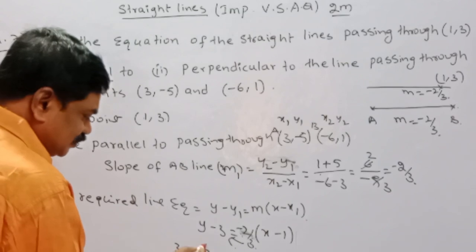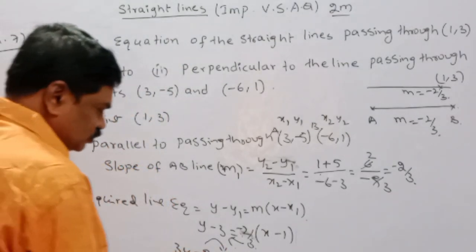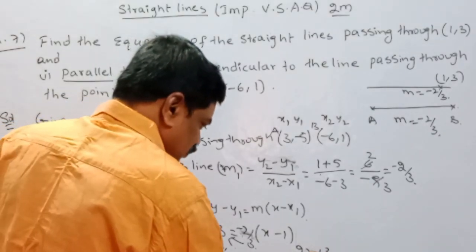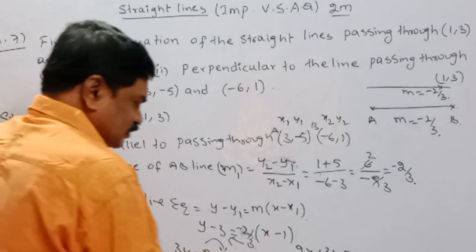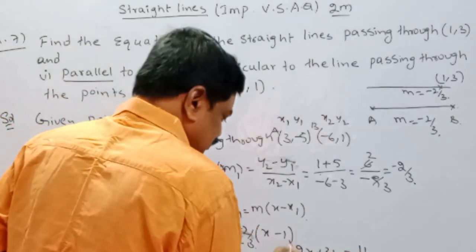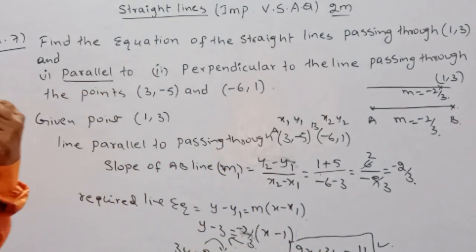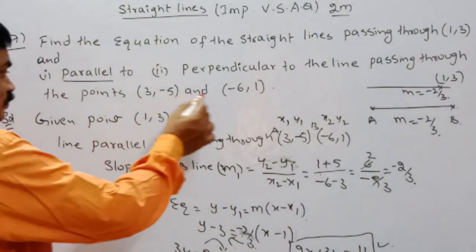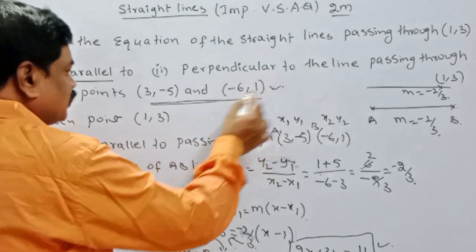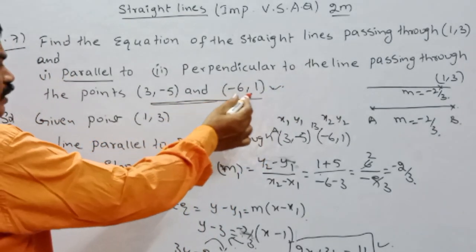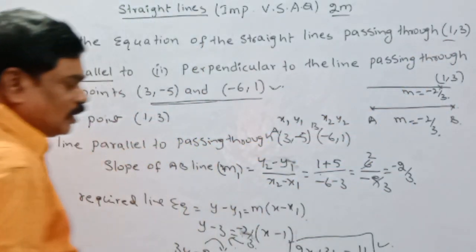Taking this to this side, 2x plus 3y is equal to 9 plus 2, which is 11. This is the required line equation, parallel to the line through (3, -5) and (-6, 1) and passing through the point (1, 3).